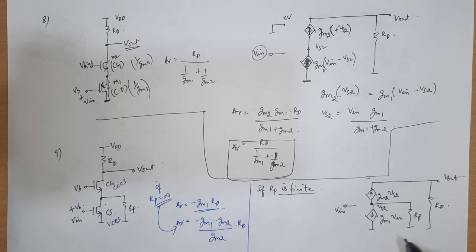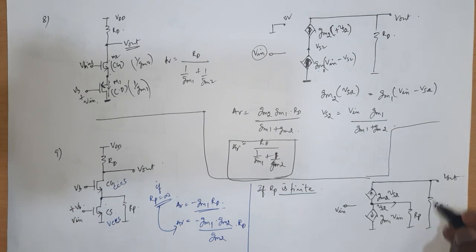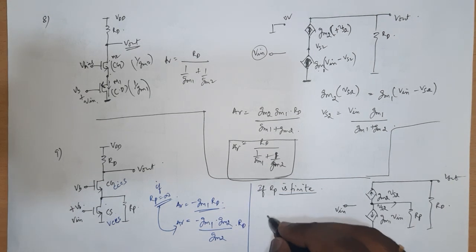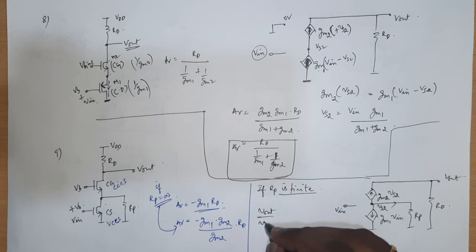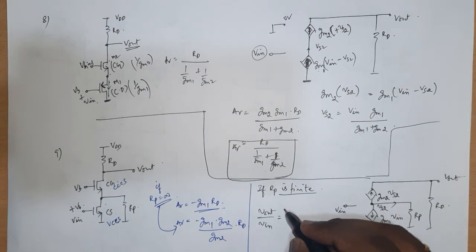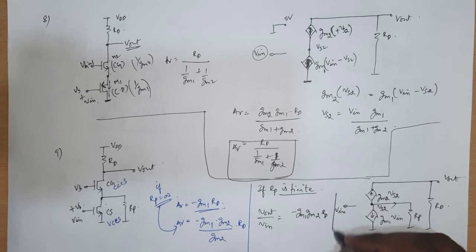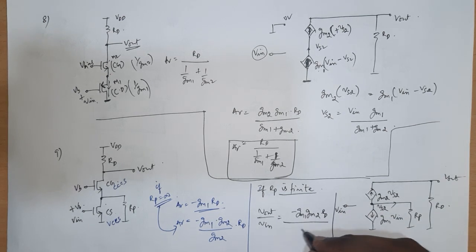So I have this relevant node where I can write KCL. I have 3 currents flowing in, and I have this node where I can take the output voltage. If I do that, you can solve the circuit and get it for yourself. Then Vout by Vin, I would get as minus gm1 times gm2 times RD, divided by gm2 plus 1 by RP.